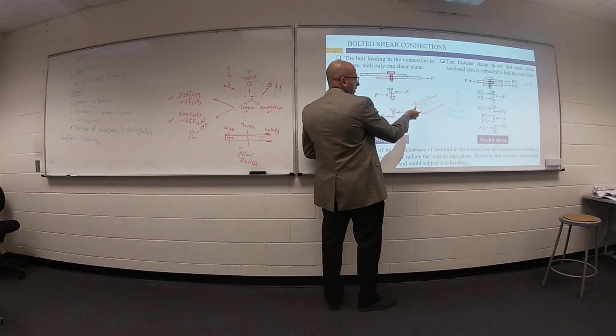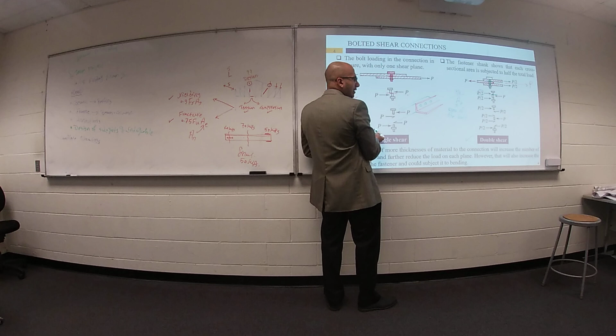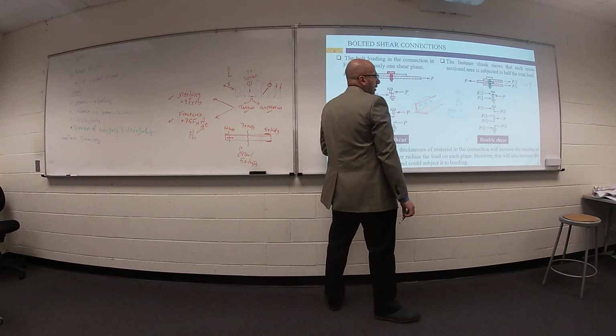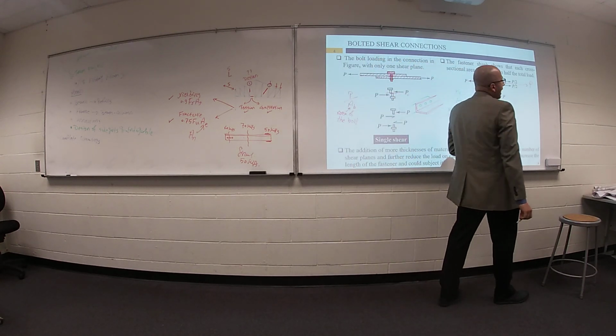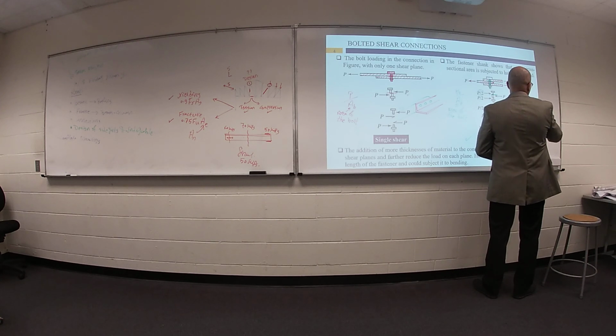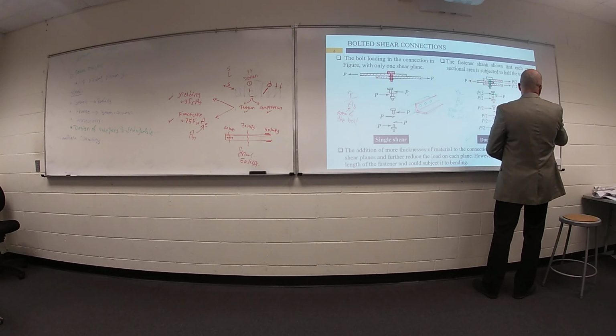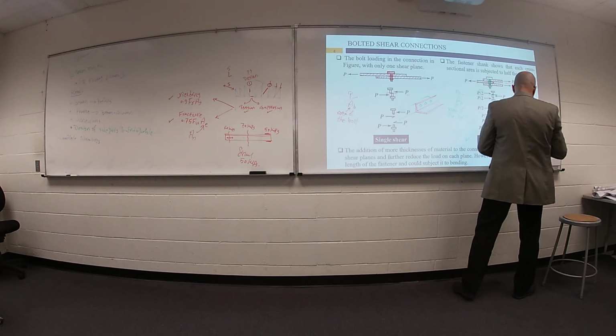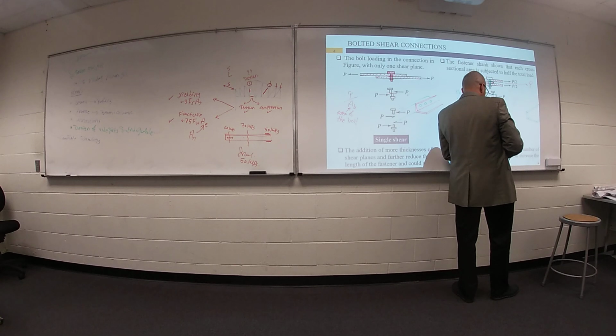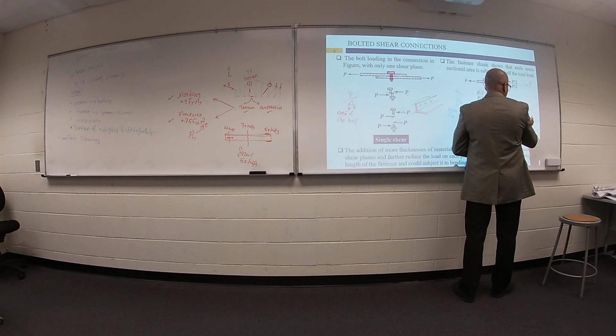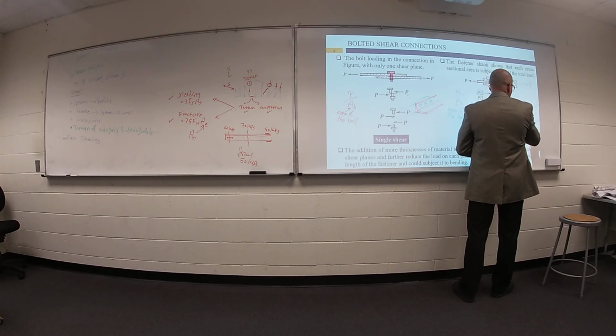So what do you expect? Is it single shear or double shear? Single shear. If you have a double angle, we have one angle here and we have another angle there.